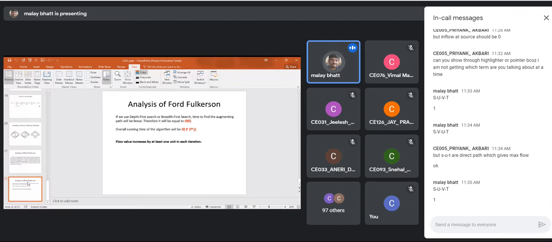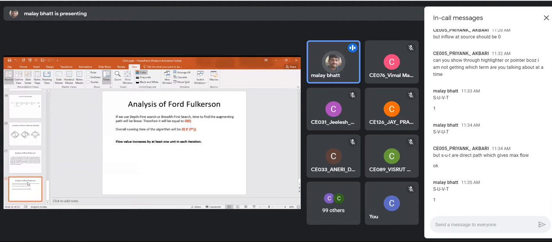And this is for one iteration, for one augmenting path. So the overall running time of the algorithm will be O(E × |F*|), because you will get one increment in each iteration. The number of iterations will be equal to the max flow value.